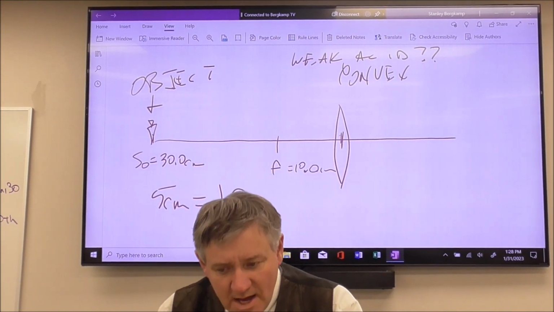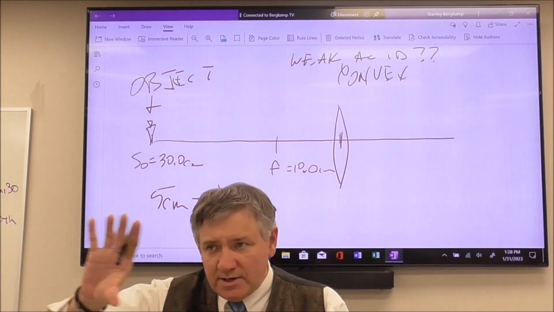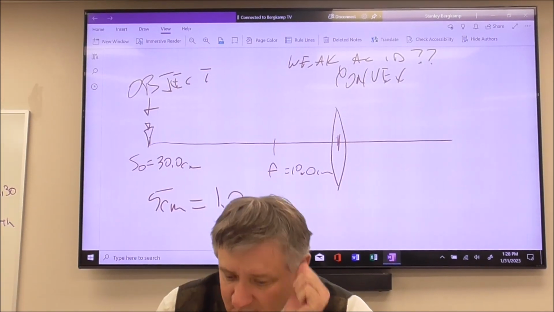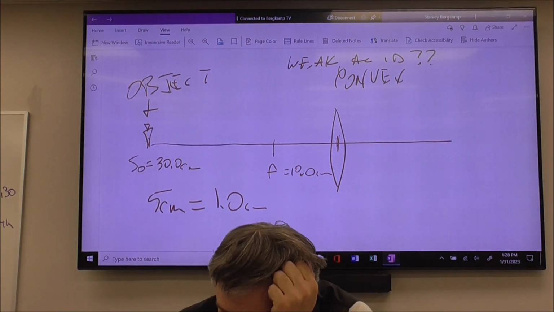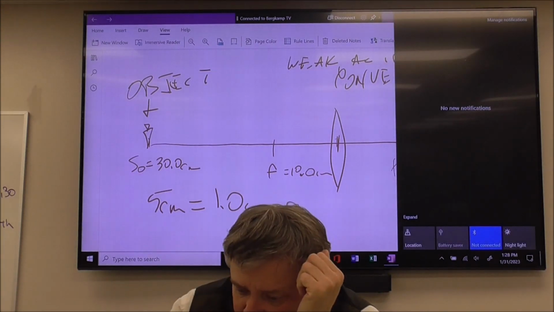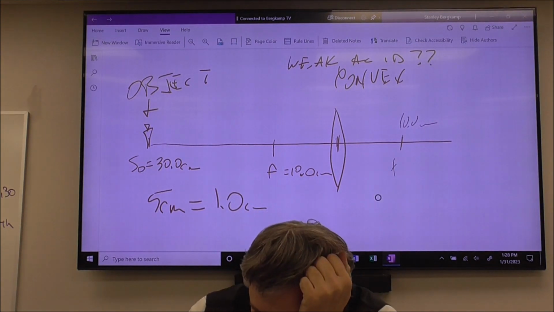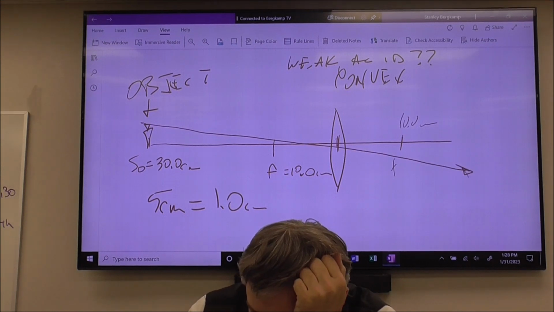So when you have a lens, that light is going to try and go through that lens. So this is going to have 3 rays. You're going to have a focal length over here at 10 centimeters, and you're actually going to draw this with a ruler. You're going to have one that goes directly through the middle.